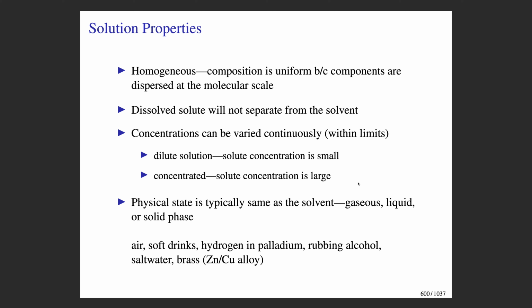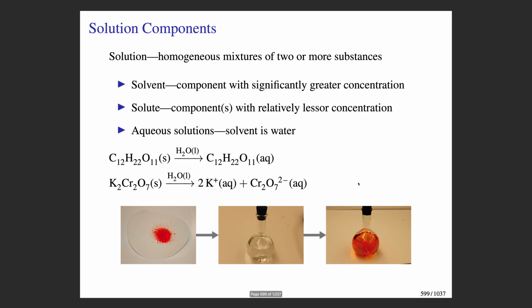If you take some lake water, or some mud, and let it sit in a jar for a really long period of time, eventually all of the sediment is going to settle down to the bottom, and then you'll have mostly solvent, the water, at the top of the solution. A true solution won't do that. So, for example, this potassium dichromate solution is going to stay dissolved forever. It's stable in this sense.